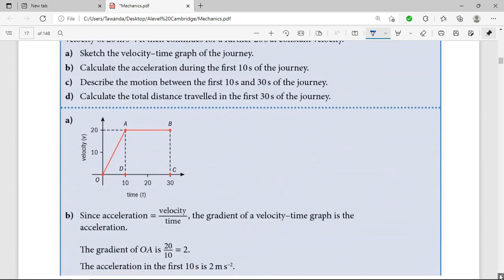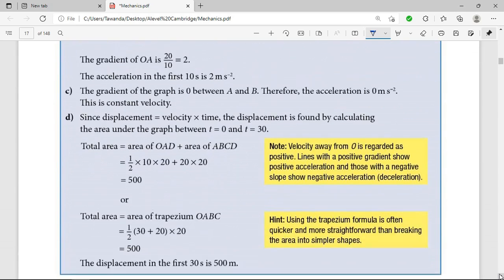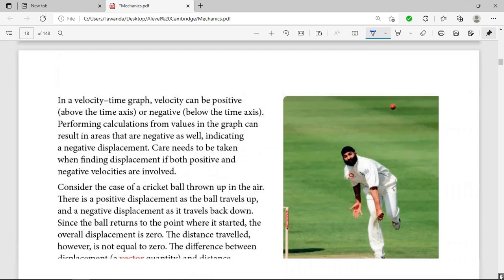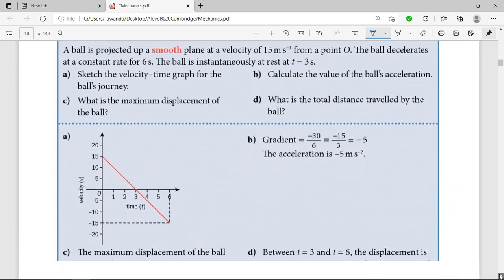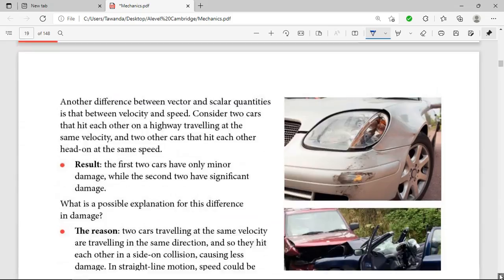So I hope you have done these examples, but I want to demonstrate questions on the exercise below.